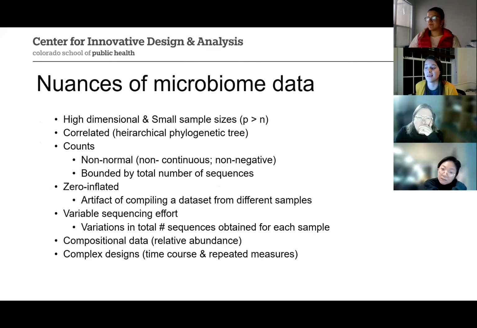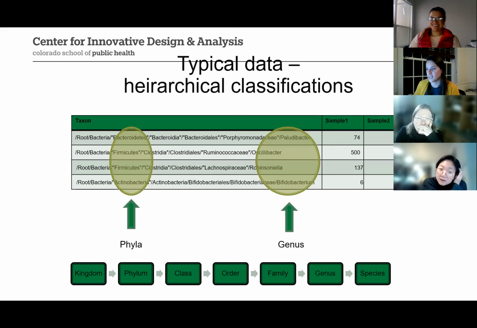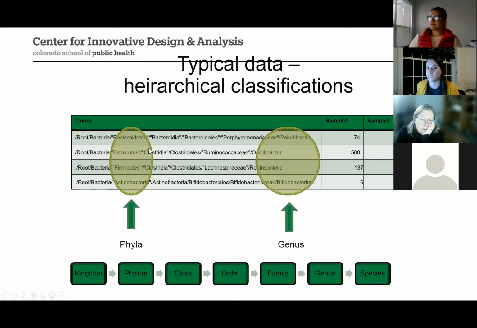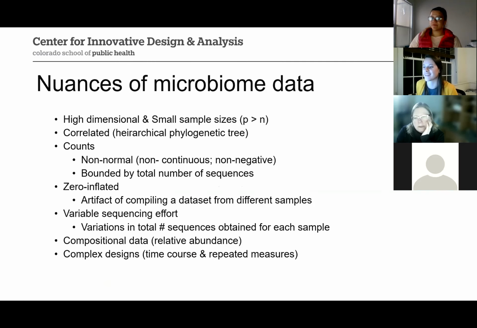And they're correlated. Remember, this is a phylogenetic tree. So if you look here, these two taxa come from the same part of the tree up until the order. They are naturally more correlated than the Firmicutes and Bacteroides. So that's another fun thing.